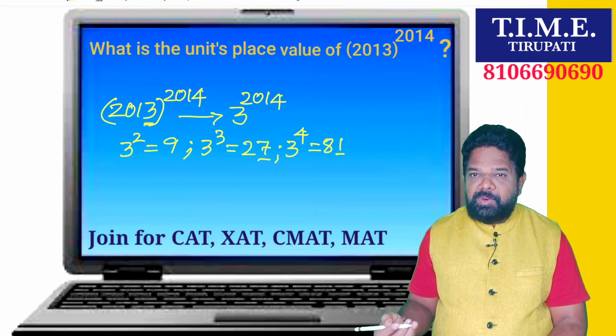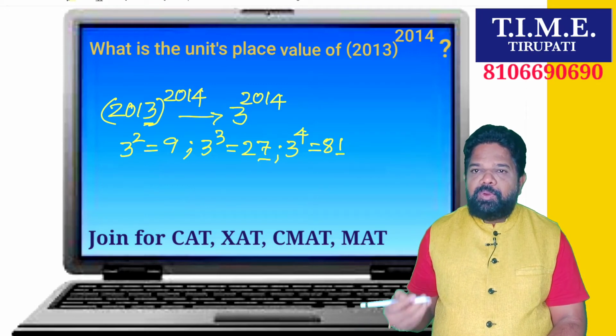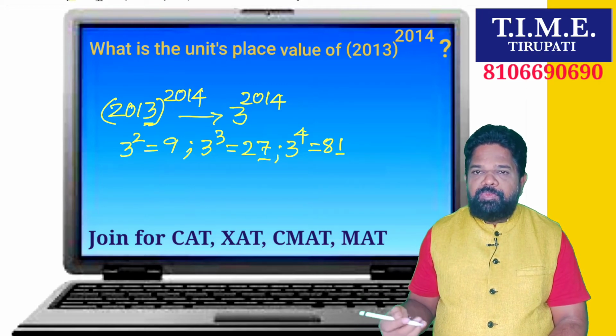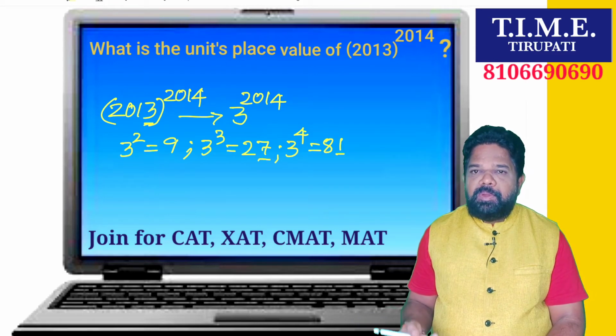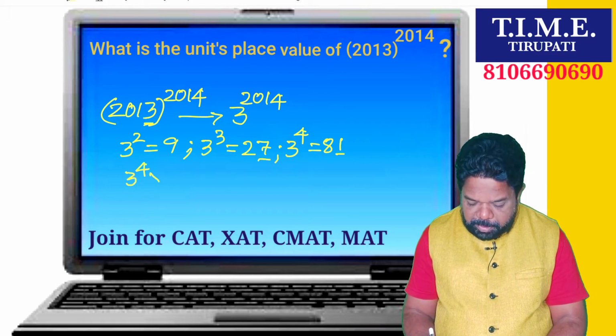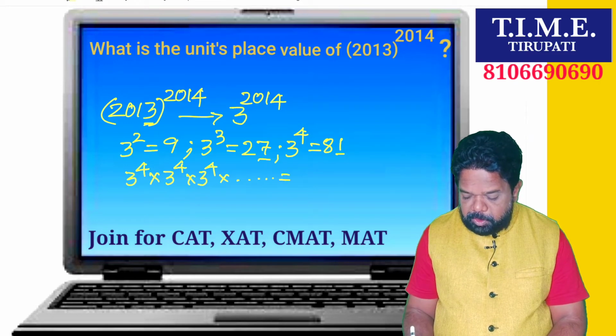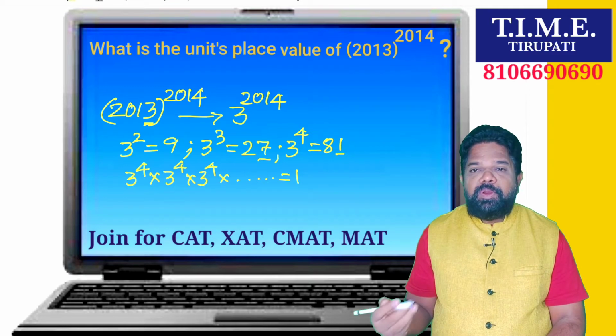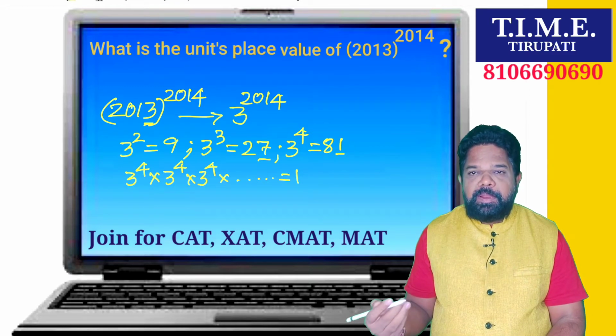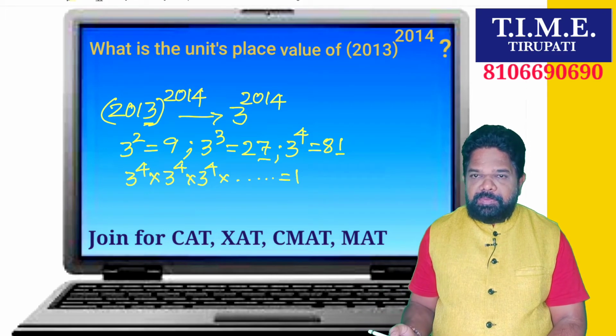Indirectly, 3 power 4 into 3 power 4 into 3 power 4 into, if you multiply infinite number of times, we get the same digit as units place value, that is 1. So what is the units place value of that? 1 is the units place value.